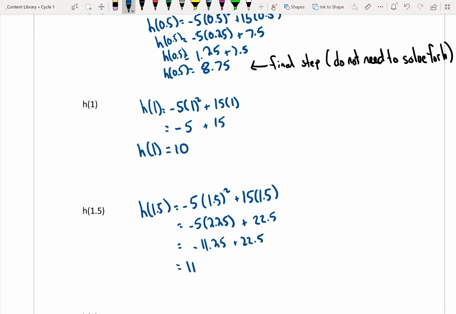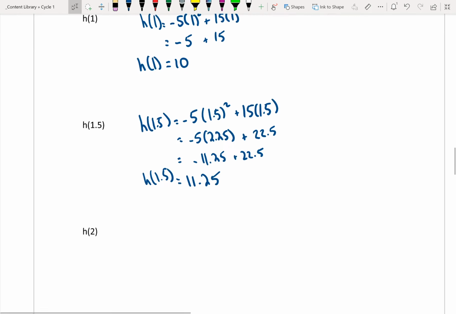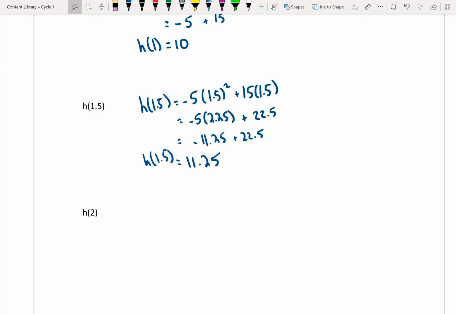So in the end we get 11.25. So h of 1.5 is equal to 11.25, or the height at 1.5 seconds, based on the scenario that we are looking at.